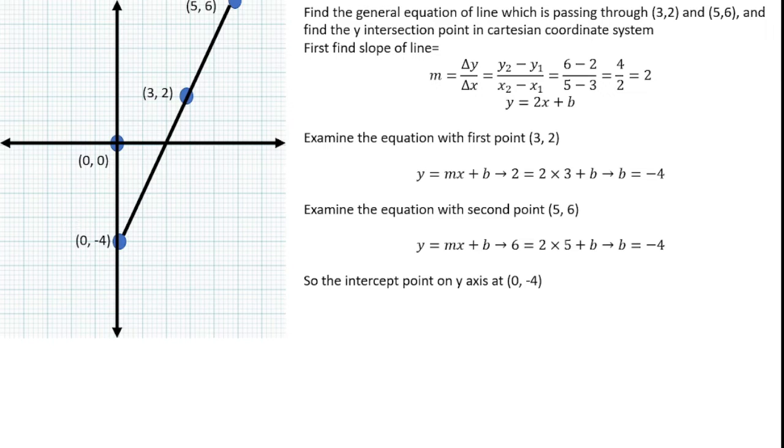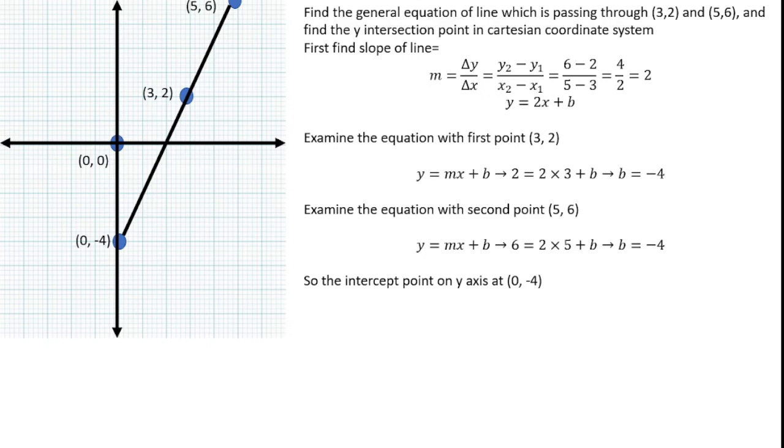We should determine which value is y2 and y1, and which is x2 and x1, from the given points. Here 3, 2 gives x1, y1, and 5, 6 gives x2, y2. So I can substitute those values into the equation.